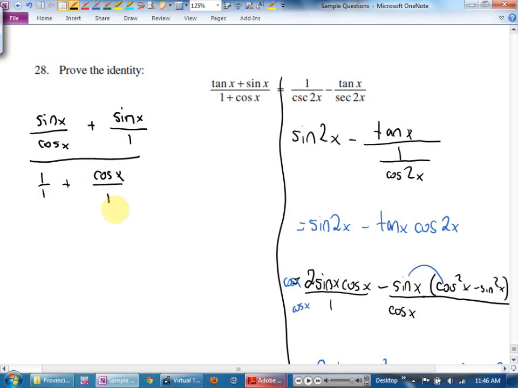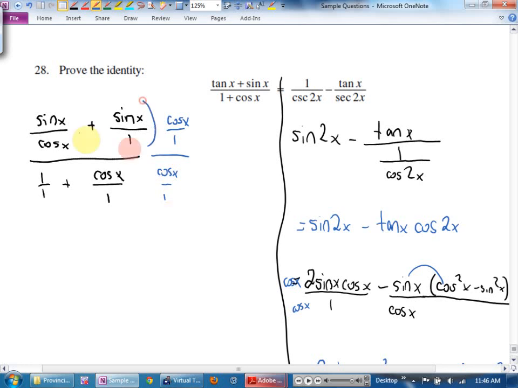And when I do this, what cancels on the first term? Cos, and I get just plain old sine x plus, nothing cancels here. I'll get sine x cos x all over. Does anything cancel here at all in the bottom?